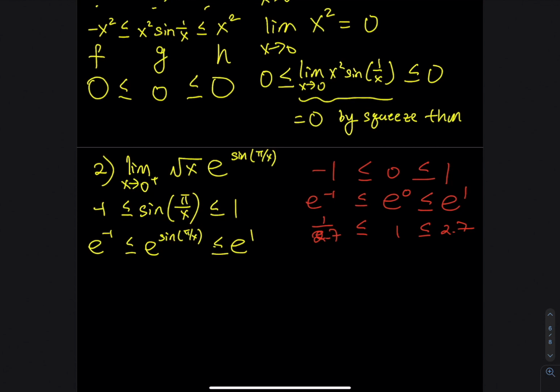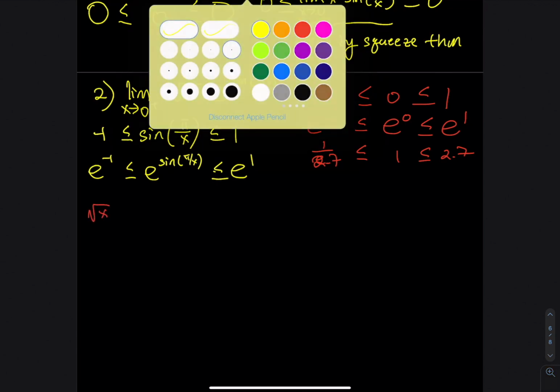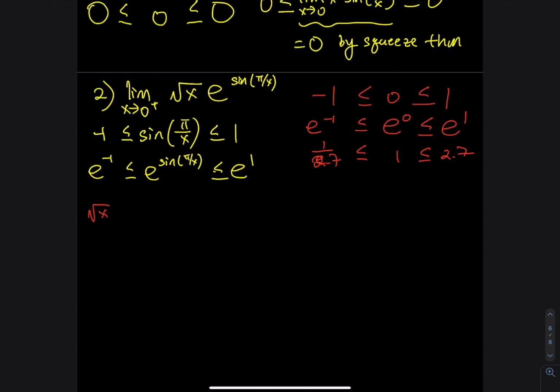If you take e and put each term in the exponent, and then you multiply by the square root of x, you have square root of x times e to the negative 1, square root of x times e to the sine of pi divided by x, and then square root of x times e to the 1. So this is my f, this is my g, this is my h.